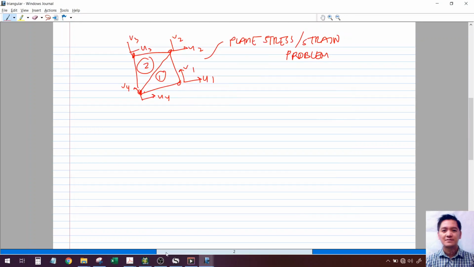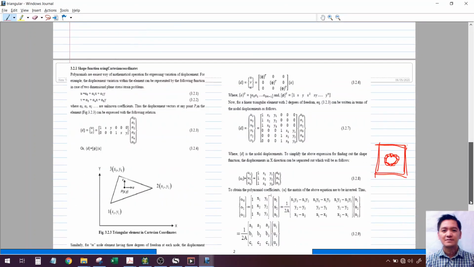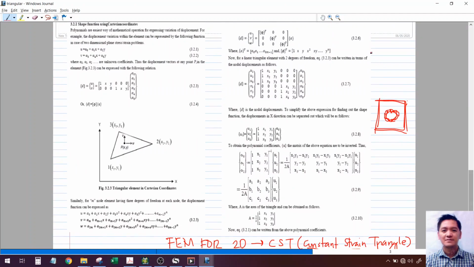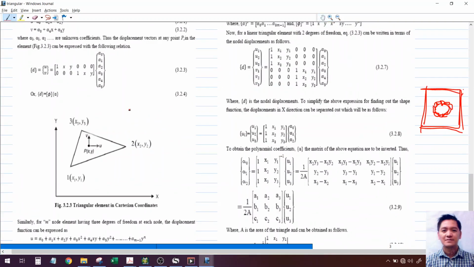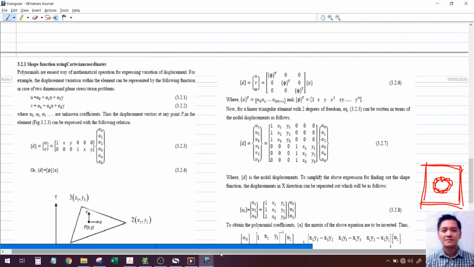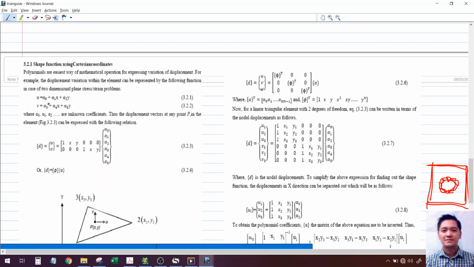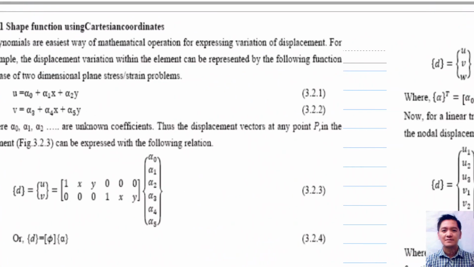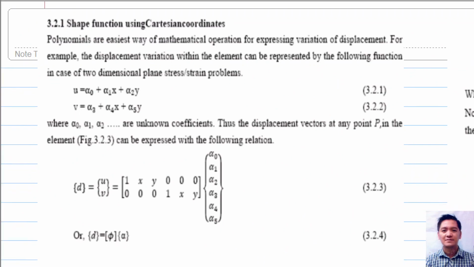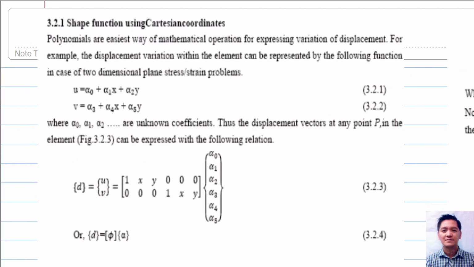Okay. So, balik tayo sa ito. So, alpha naught plus alpha 1x plus alpha 2y. Now, alpha naught, alpha 1, alpha 2 are unknown constant coefficients.